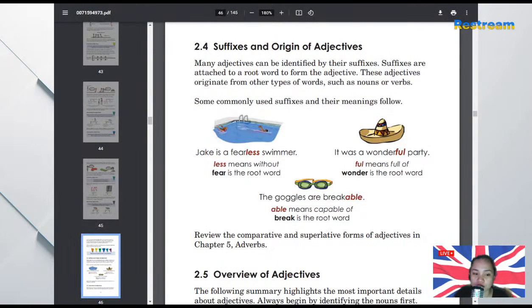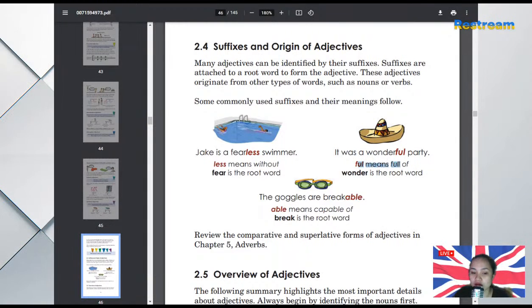As you can see, there's the red one, less, which means without, while fear is our root word. So you are without fear. But instead of saying without fear, we say fearless as an adjective. Another one: it was a wonderful party. We have the full, the red one here.